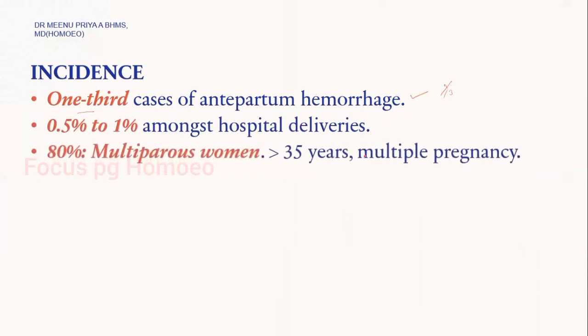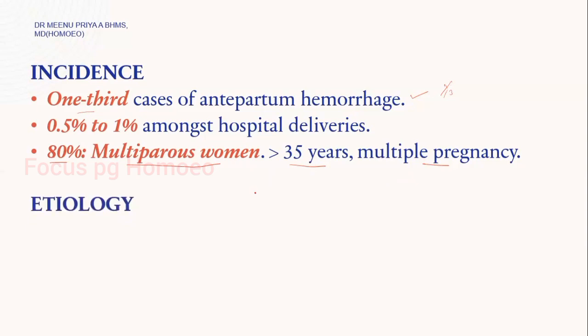Of all placenta previa cases, 80% are in multiparous women, and it is more common in women giving birth after 35 years and in multiple pregnancies. It is not a usual condition in a primigravida; it is usually seen in multiparous women.